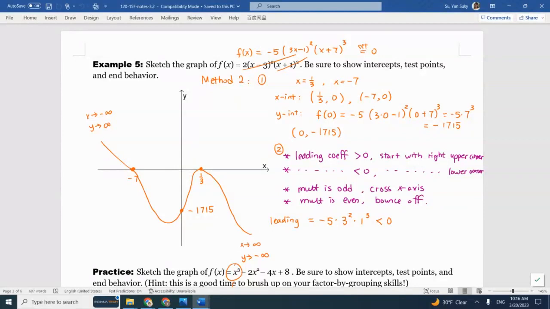Right, everybody? And then next factor, the leading coefficient is 1, 1 cubed. So this is the leading coefficient. And we just care whether it's positive or negative. And if it's negative, then we start with the right lower corner. You remember that, everybody?